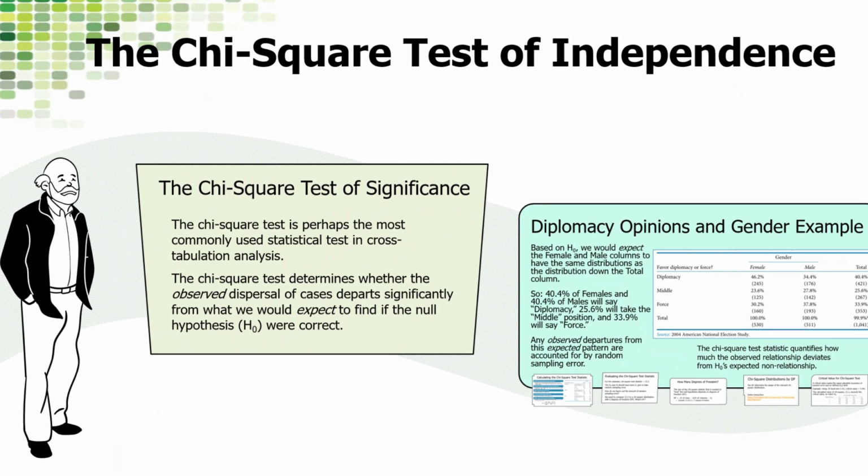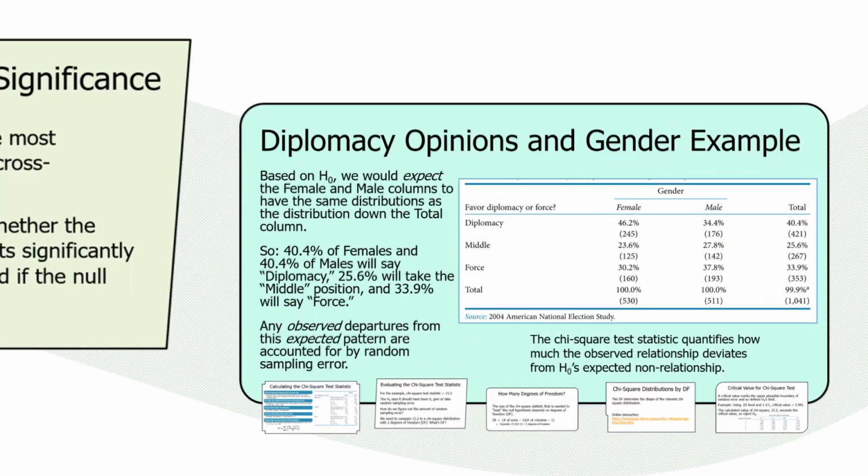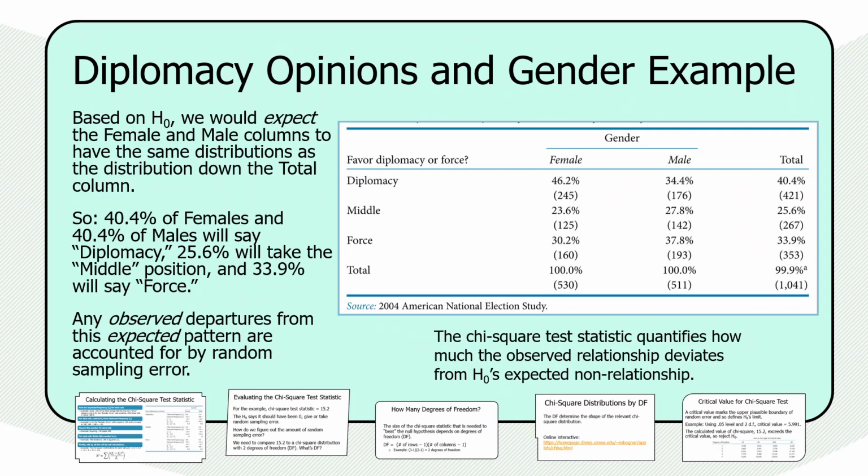Let's look at a crosstab here. This tests the hypothesis that men and women will have different views of diplomacy versus military force. We have 530 females here, 511 males, and if you're looking at this table without any knowledge of chi-square, you would say, well, about 46.2% of females favor diplomacy versus force, compared with 34.4% of males.